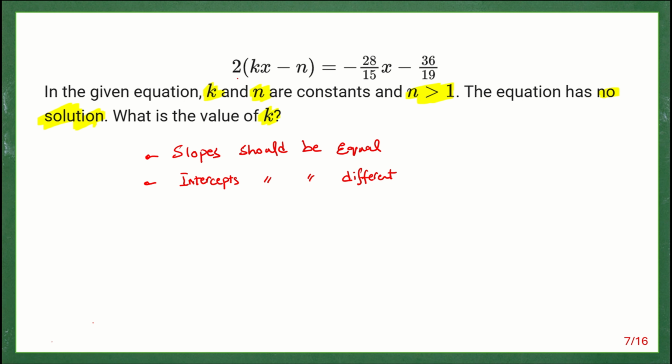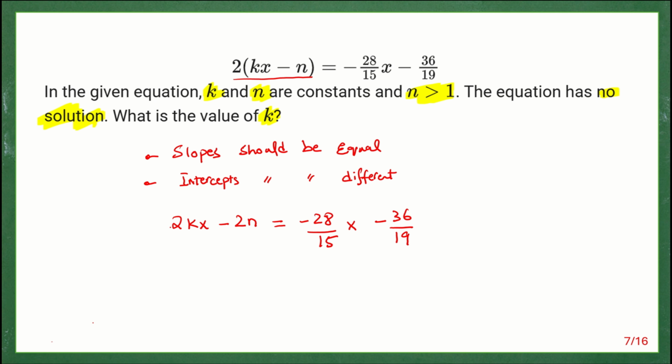So let's look at our very first equation, we have our 2kx minus 2n here, and this is equals to negative 28 over 15 x minus 36 over 19. And in this case we can simplify a little bit.